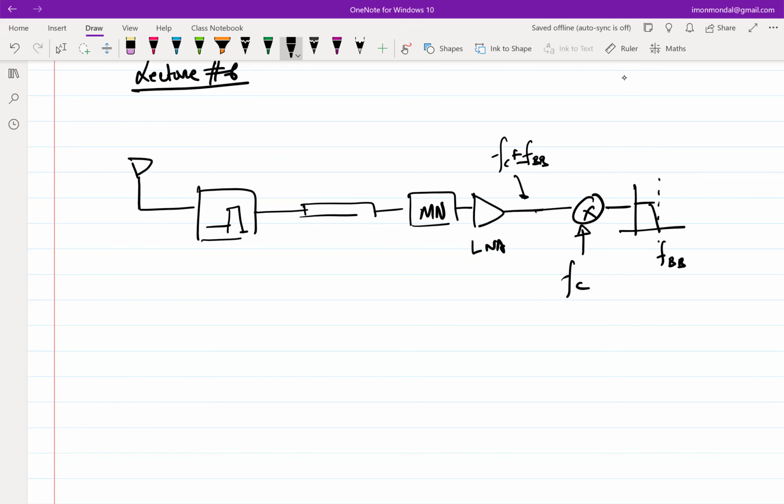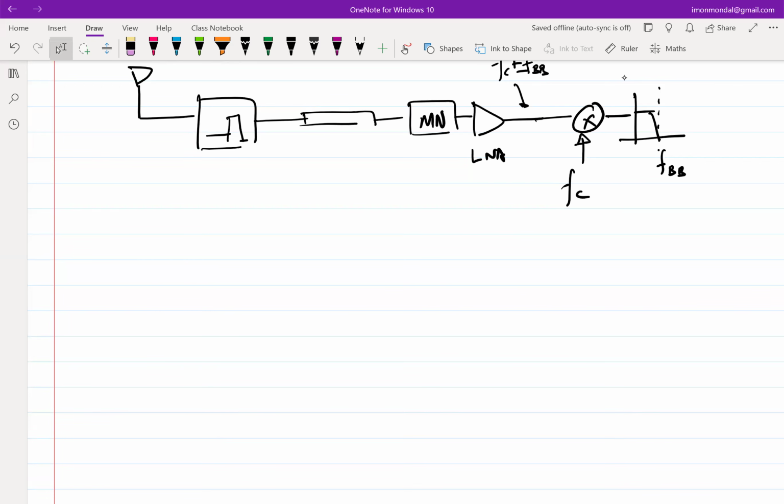Now we had talked about everything, but how do we generate FC? In today's lecture, I'll give you a very broad overview of how to go about generating this FC. Later in the course, we'll go deep into that, just like we are touching base on each of these subblocks in an RF chain.